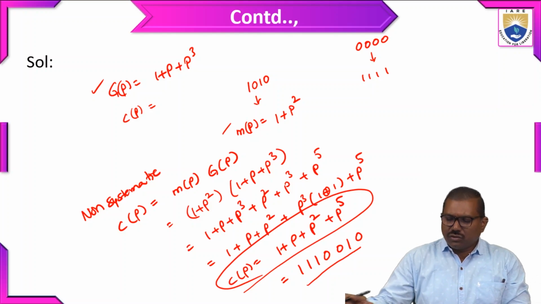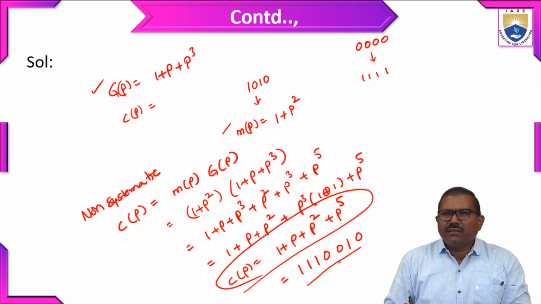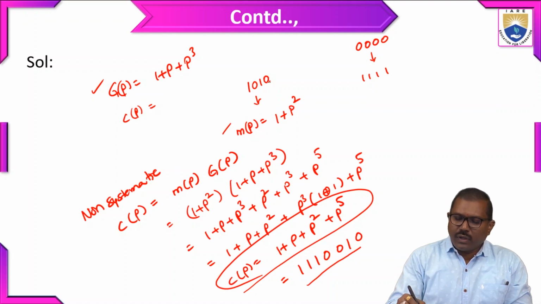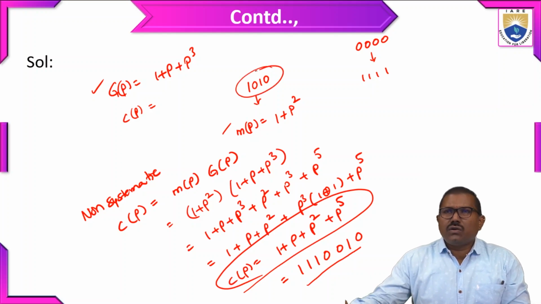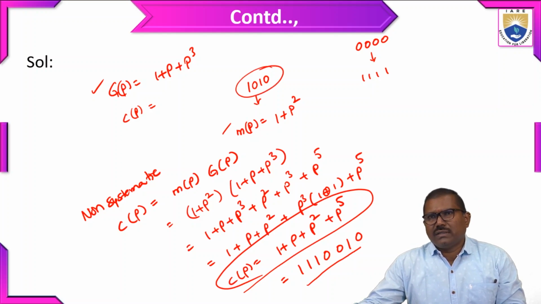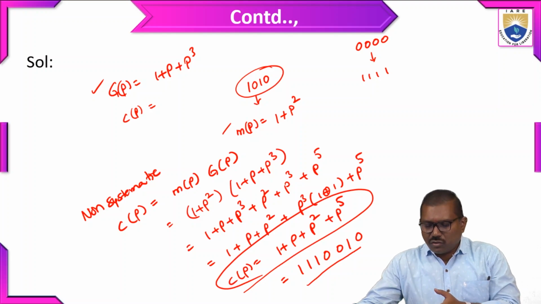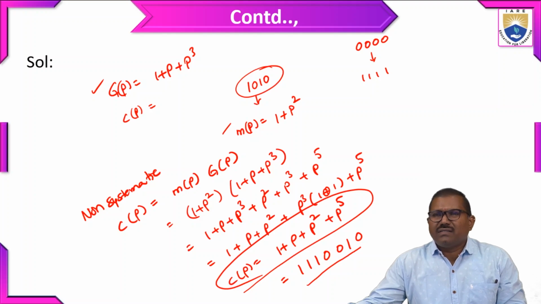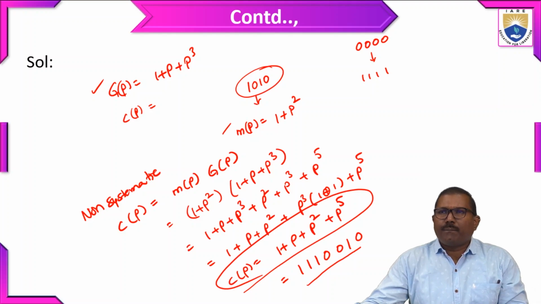Okay, so this is the non-systematic. Why is it called non-systematic? Here we are using 1010 as the message, but this message does not appear in this code. We can see the previous video, in which the block code was generated. In the block code, we can see where the message and where the parity bits are.